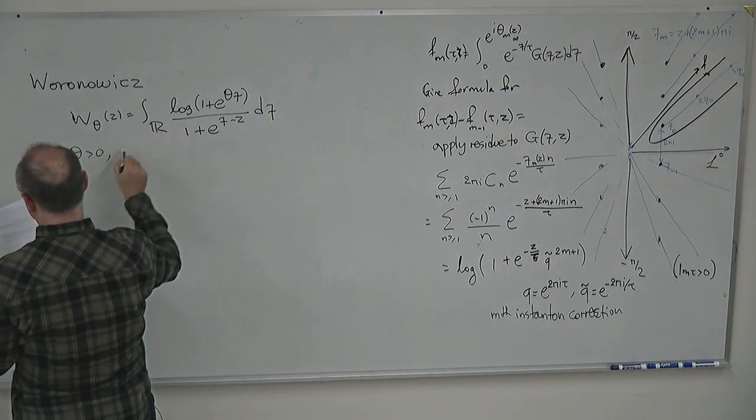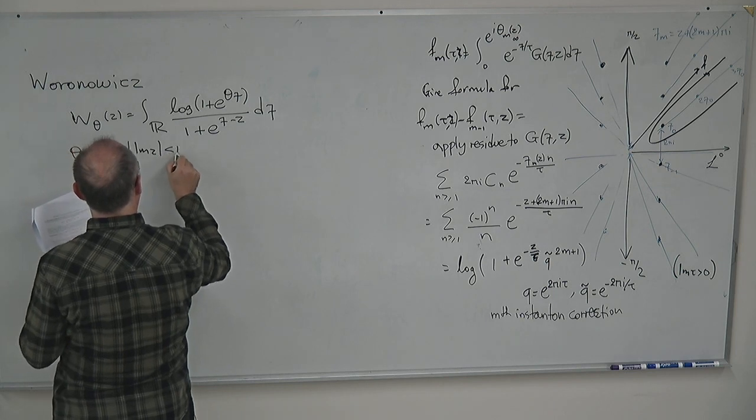Here theta is positive, and the imaginary part of z is less than pi.